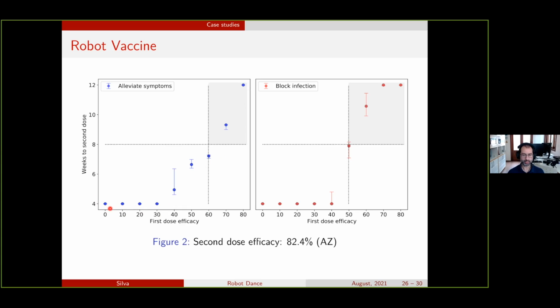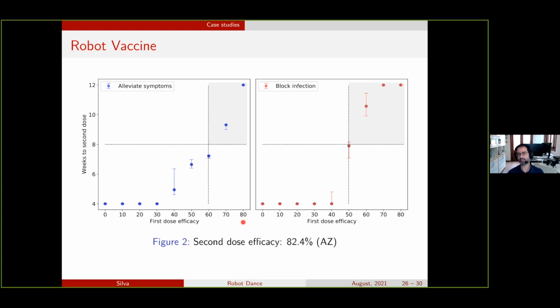So what it's saying here is that only if you really assume that your vaccine is only able to alleviate symptoms, you only decide to postpone the second dose clearly up to 12 weeks once the first dose is as efficacious, as good as the second dose.